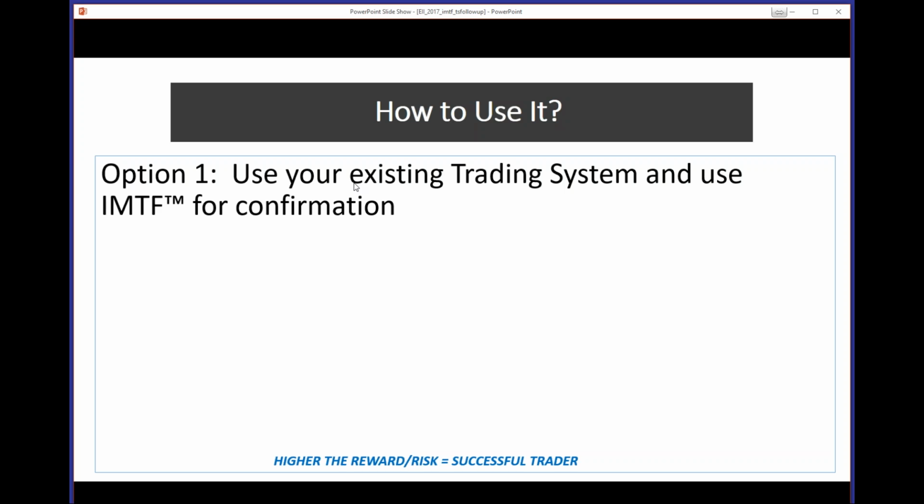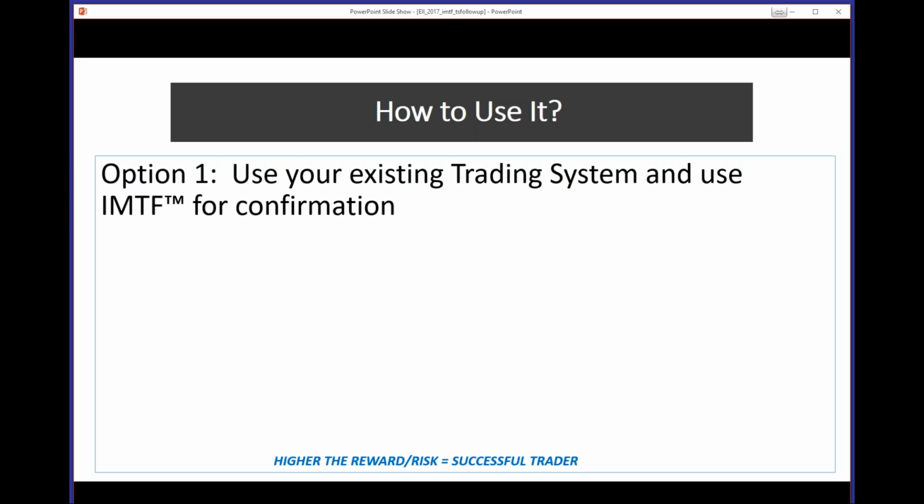Option one is you could use your existing trading system and use the IMTF indicator for confirmation. You could use the setup zones by themselves, or you could use the IMTF crosses and dots. You could use any components. Either you could use both of them, the setup zones along with the dots for entry, or you could just use the dots and crosses, the IMTF levels, with your existing system.